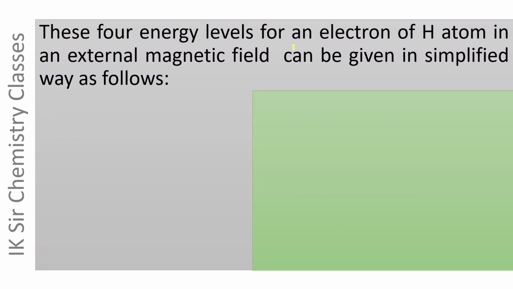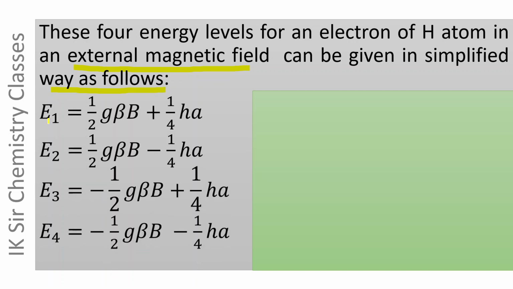These four energy levels of an electron of hydrogen atom in an external magnetic field can be given in simplified way as follows. E1 is equal to 1 by 2 G beta B plus 1 by 4 HA on solving the expression for E1.